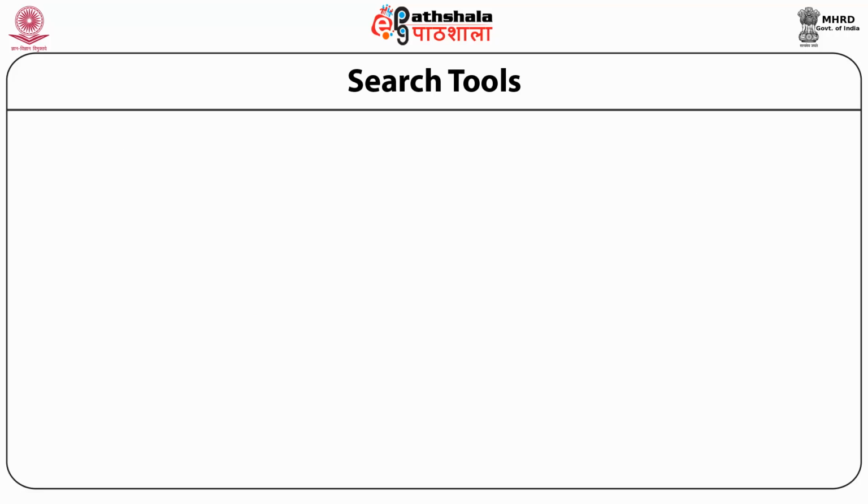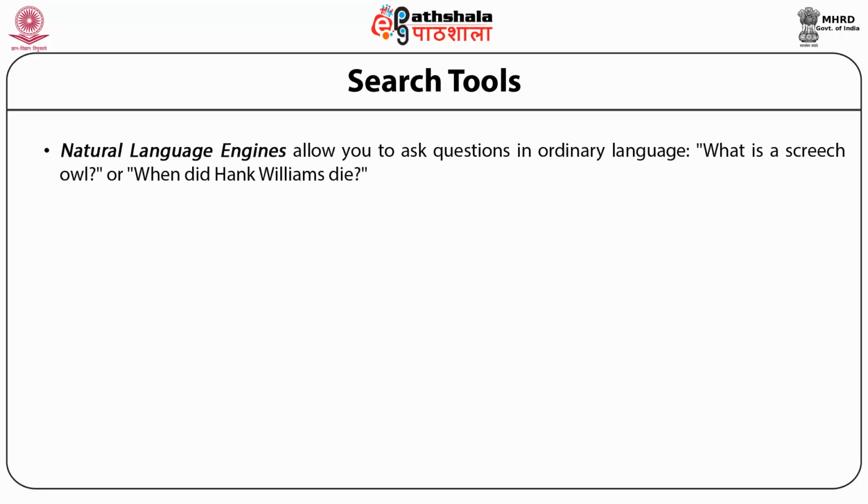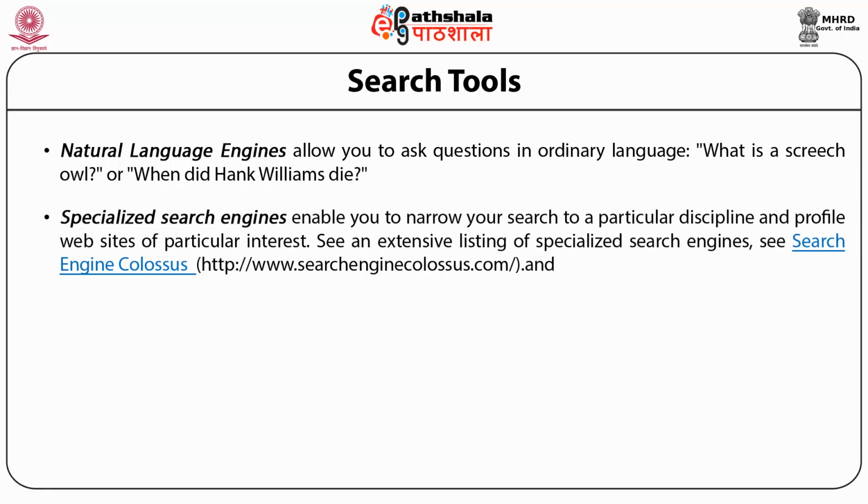Then there are natural language engines, which allow you to ask questions in ordinary language. For example, what is a screech owl, or when did Hank Williams die? And besides the natural language engines, there are specialized search engines that enable you to narrow your search to a particular discipline and profile websites of particular interest.